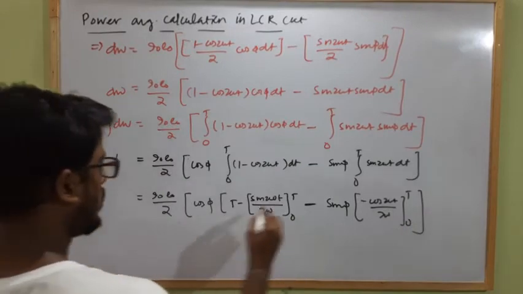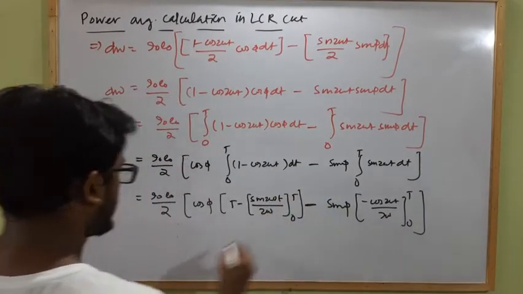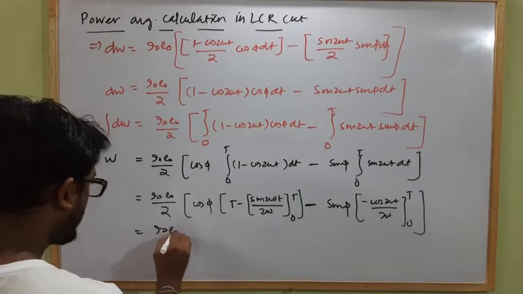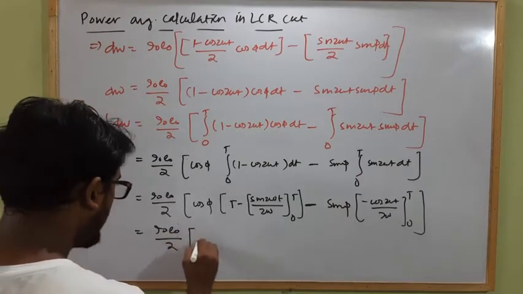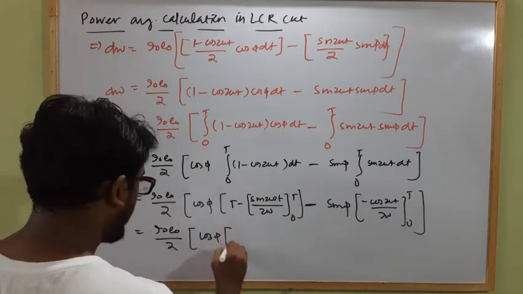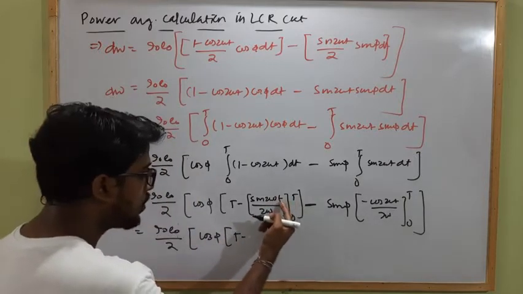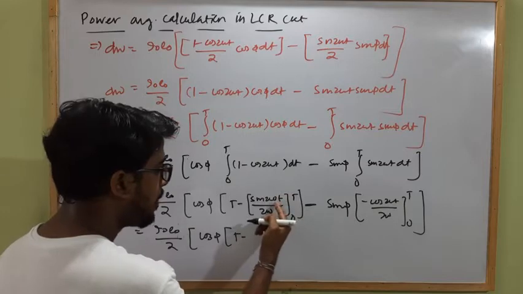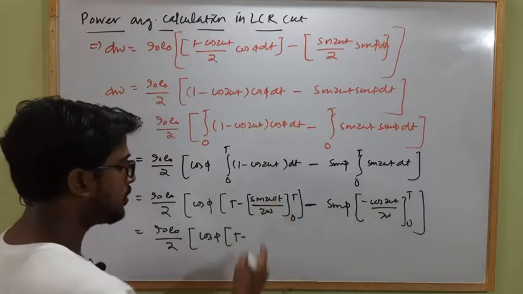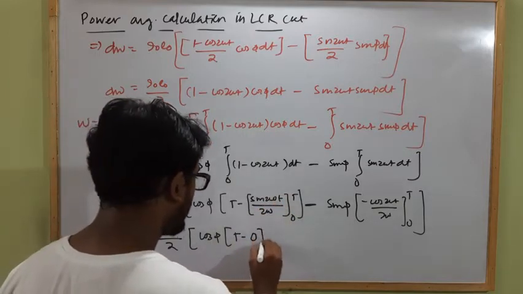Okay, so how much will this become? I naught E naught by 2 into cos phi into t, minus sin 2 omega t, with t being the time period, it will be sin 2 pi, which is 0, and again sin 0 will be 0, so this complete term will be 0.